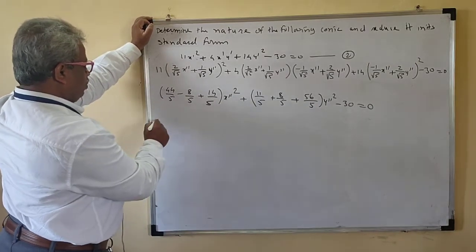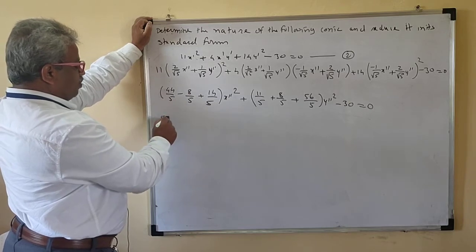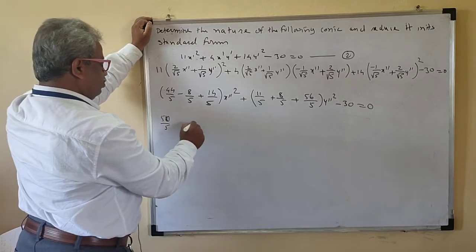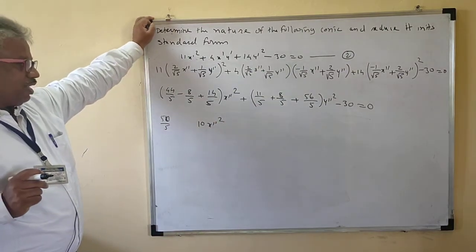So positive, this is 58. Minus 8 means 50, upon 5 means 10. So this is 10x double prime square.